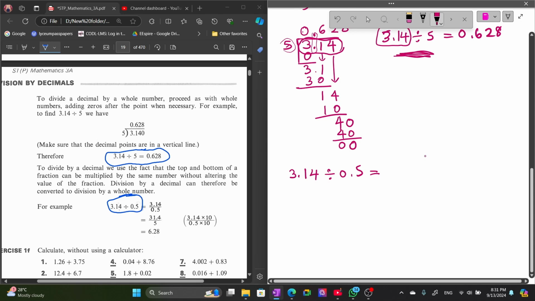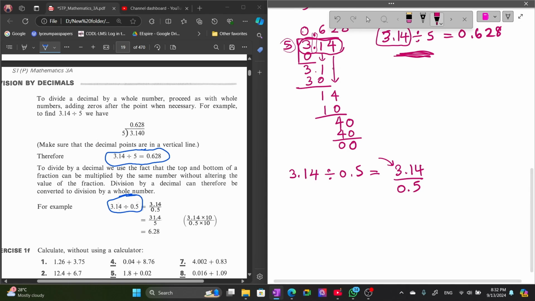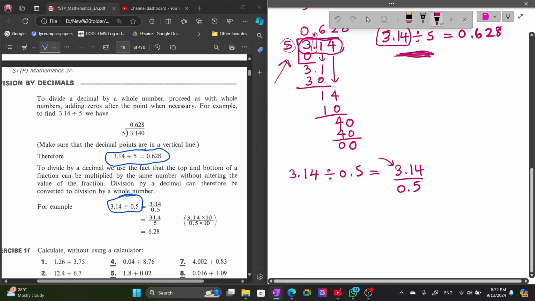We can write this as a fraction: 3.14 is the numerator, and the denominator is the number we divided by, 0.5. You can see we can easily divide if we get a whole number for the number we divide by. So this one should be a whole number.